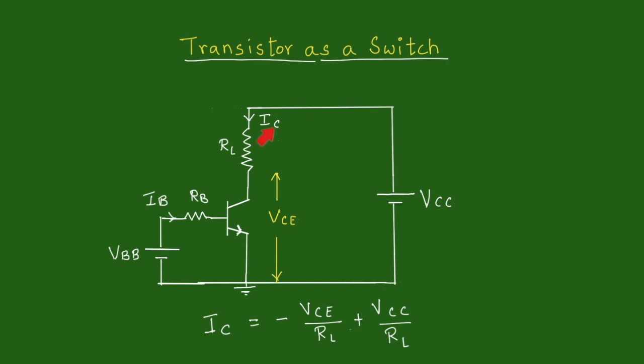The equation for collector current we can then write in a simple way as minus VCE upon RL plus VCC upon RL.